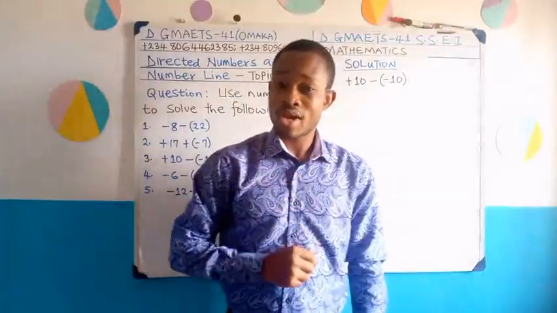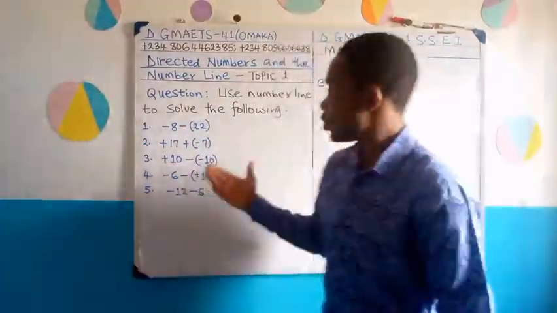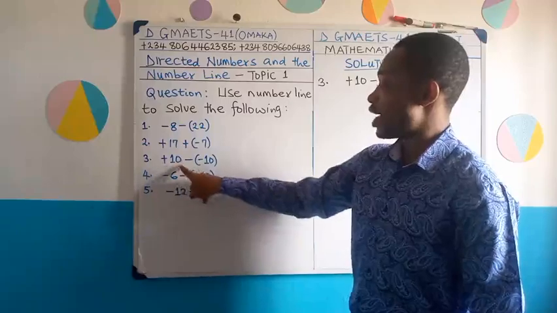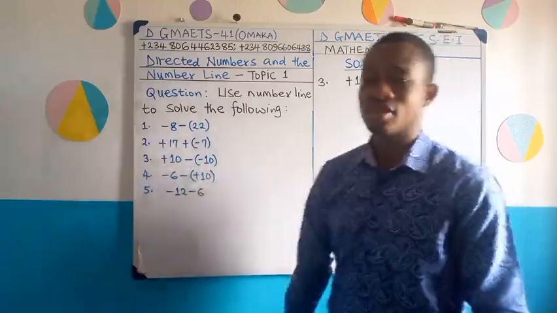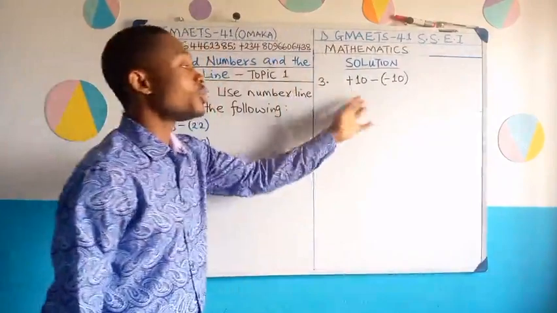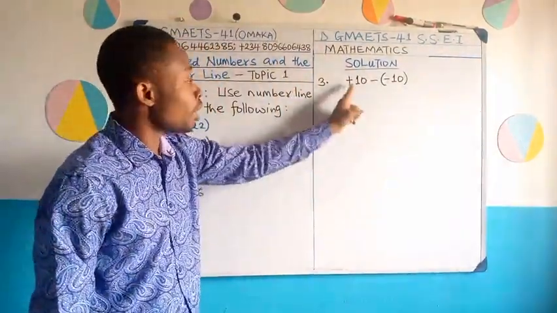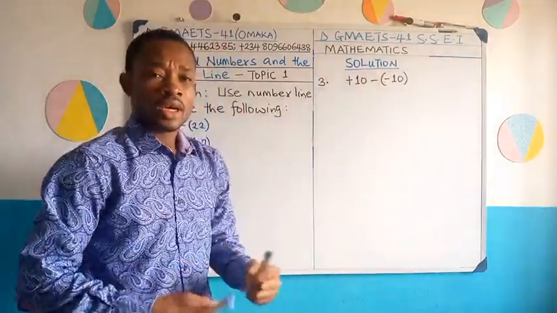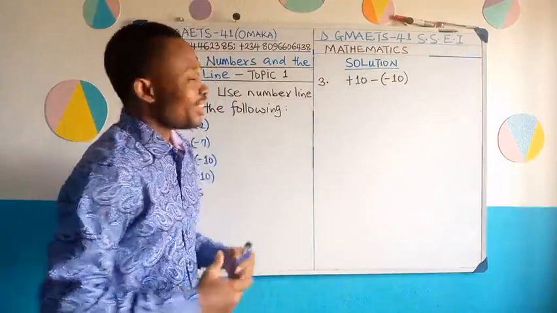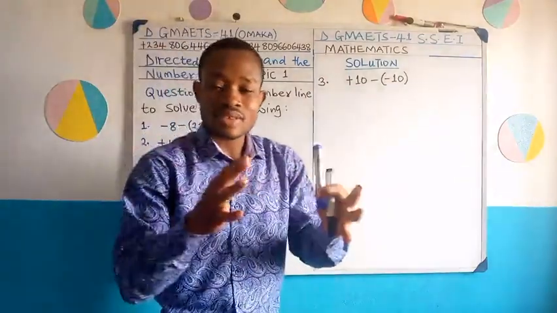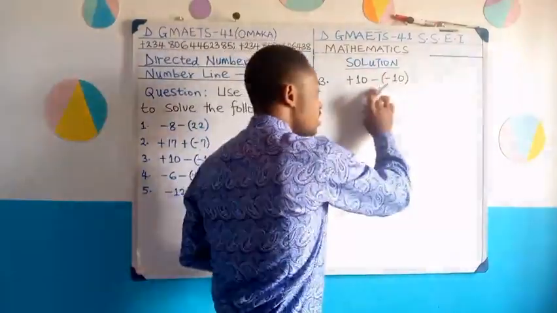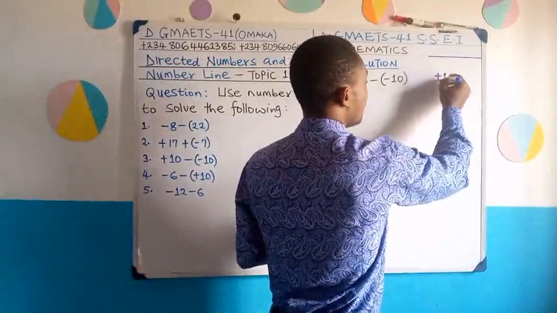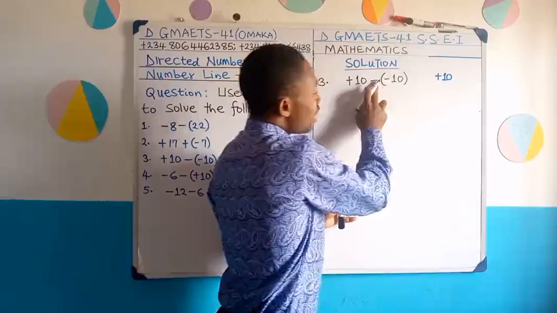Question number 3 is what we are going to solve now. We are to use the number line to solve plus 10 minus bracket minus 10. So we have the working to be done here. You remember, when we talked about sign arrangement, this question given to us is the same as plus 10, then minus times minus.